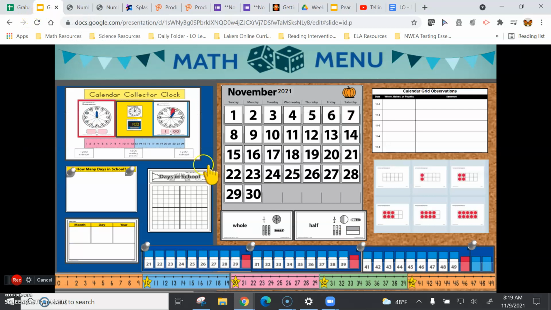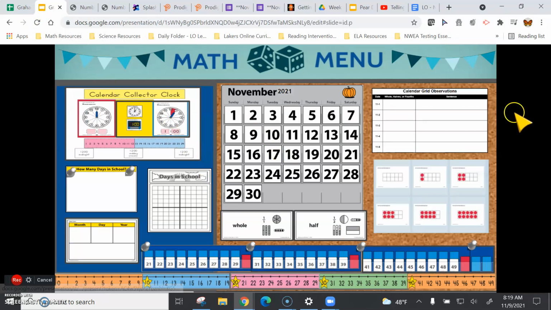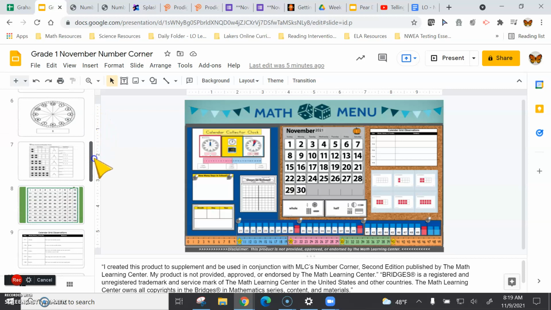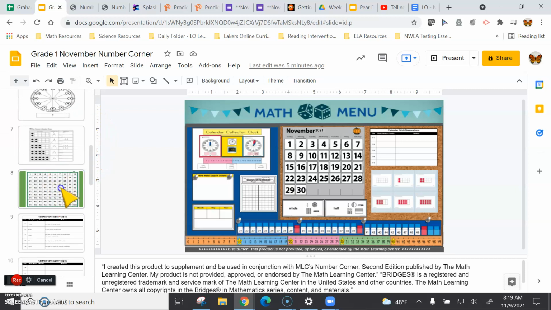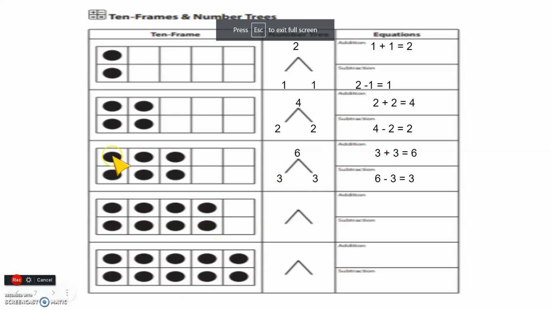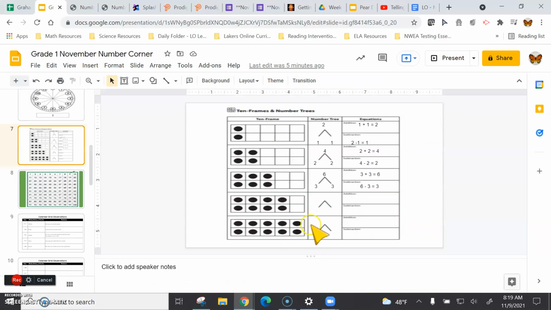I want to take you through something very, very quickly with our activities. I want to show you this today, All-Stars. Two quick things. We have been using this to talk about doubles and how we could write our number tree and addition and subtraction equations for doubles.